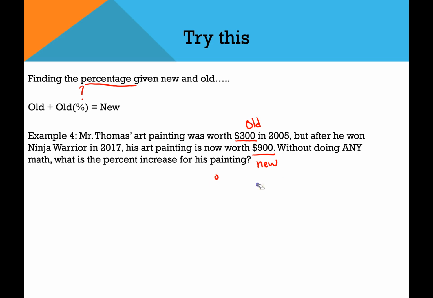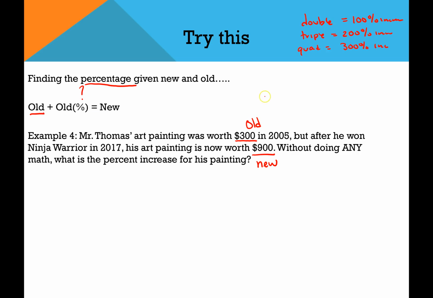So as a side note, if you double something, that's equal to a 100% increase. If you triple something, that would be equal to a 200% increase. If you quadruple something, you can see the pattern, that'd be a 300% increase. But I think it's worth doing this with this new formula I've given you, just to prove that it is 200%.